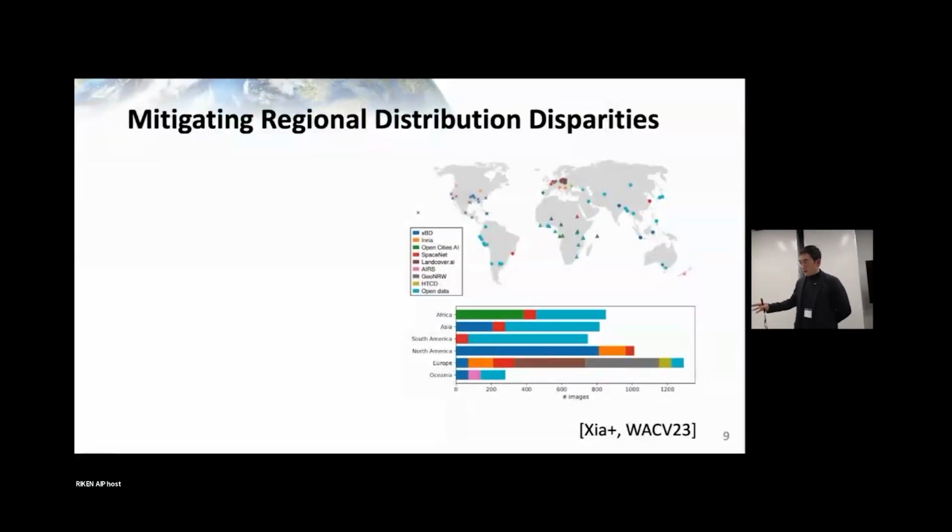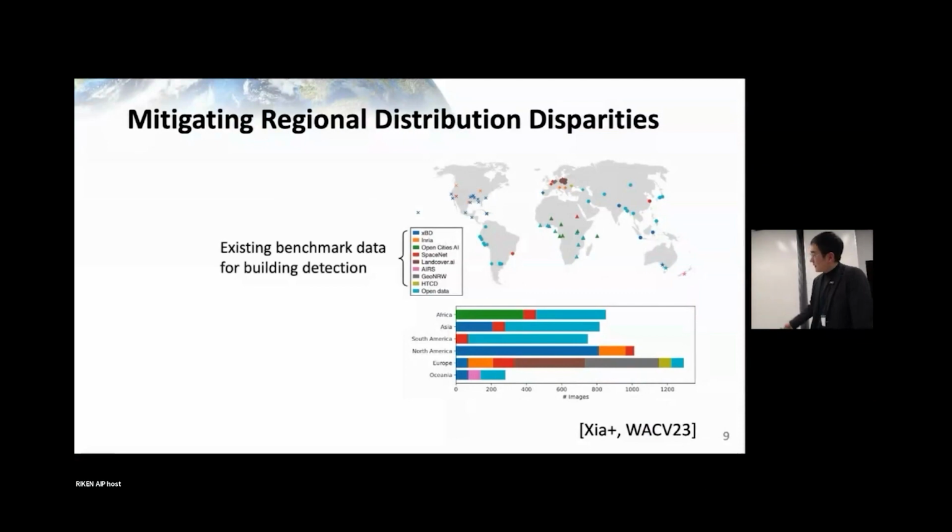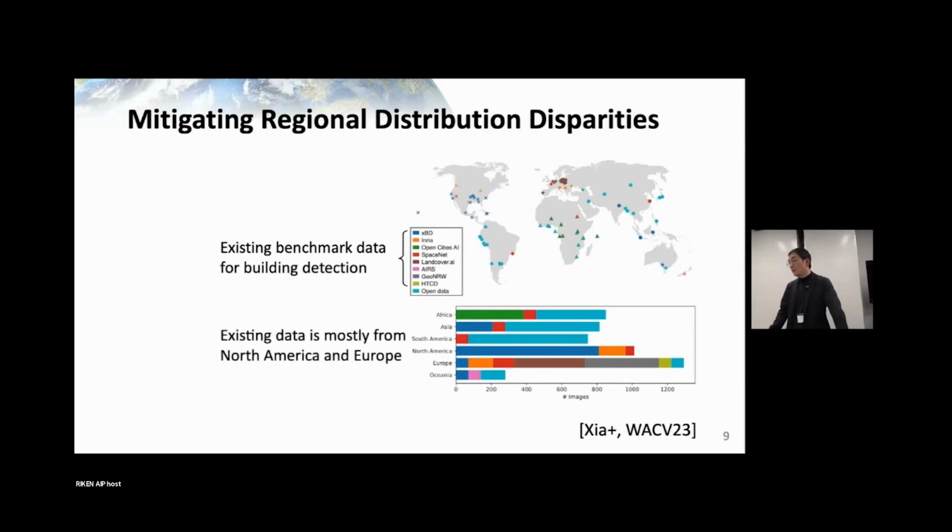So the problem in our domain was that there are many, many benchmark datasets. People create benchmark data to do research, but as shown on this world map, except for the light blue colored ones, the other colors are high-resolution image benchmark datasets designed for building detection. And as you can see, these other colors are coming mainly from the US and Europe.